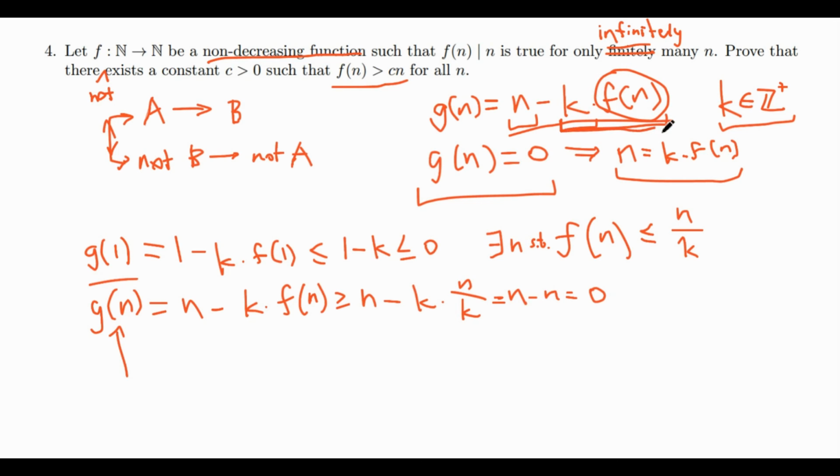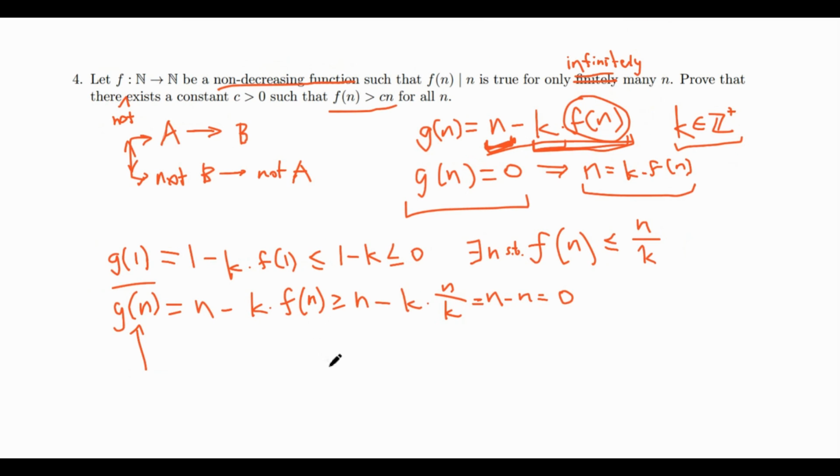So this part can only take away from the overall value of g of n. So this proves that g of n can increase by at most 1 each time, because the only thing that contributes to g of n increasing is this n term, and we know that this n term can increase by at most 1 each time. Therefore, g of n increases by at most 1 each time n increases by 1.